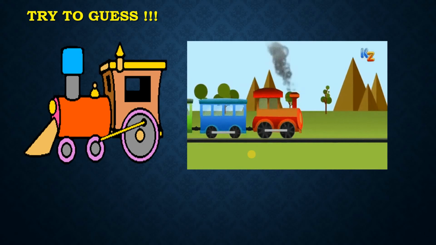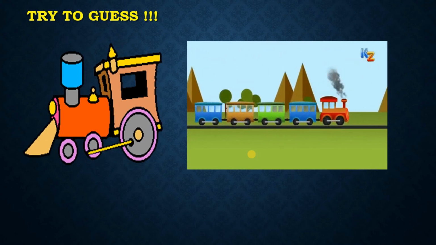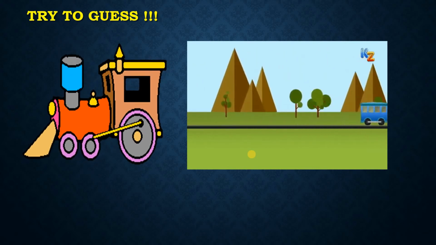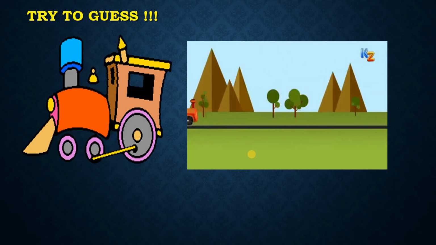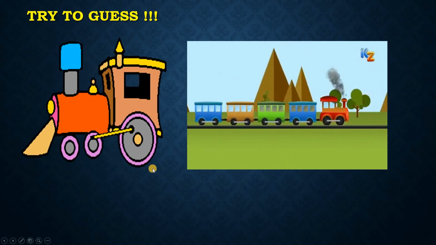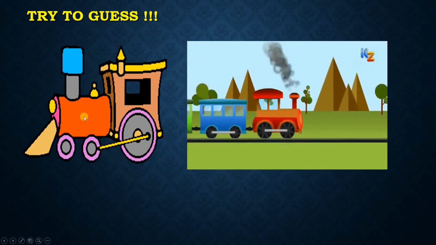So I can easily carry some goods or load. So this is possible. So I think this train is fully active. But this engine is not active.